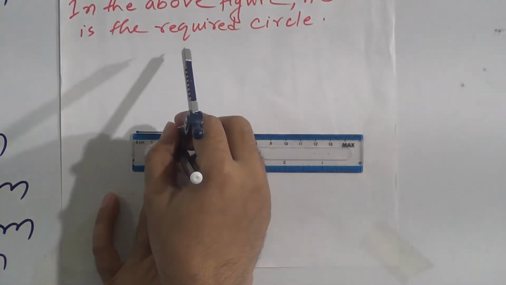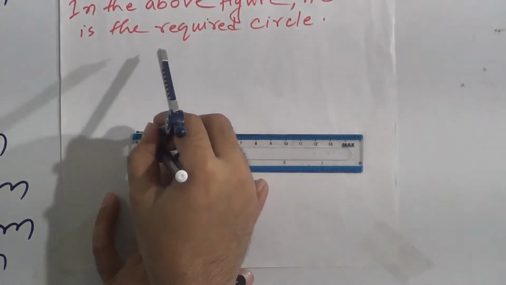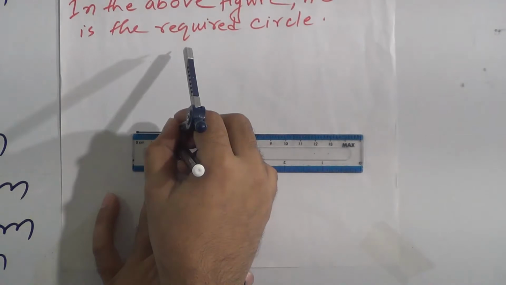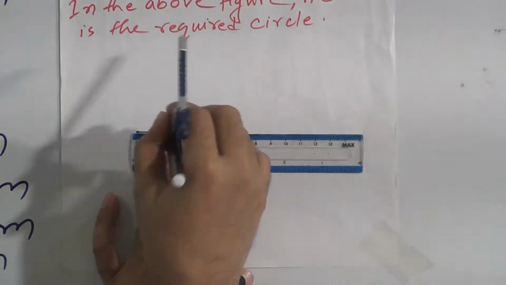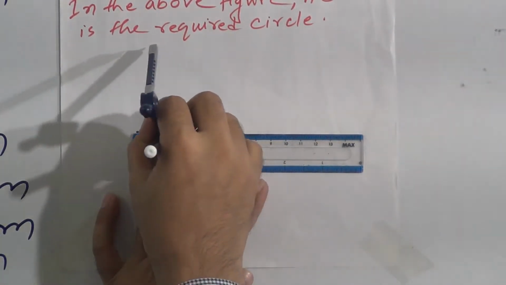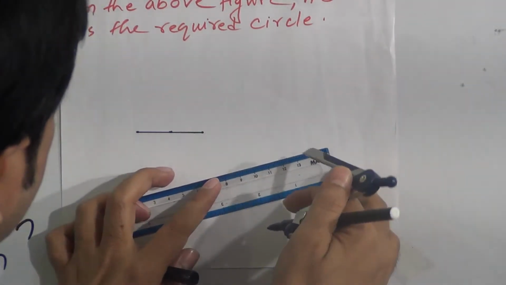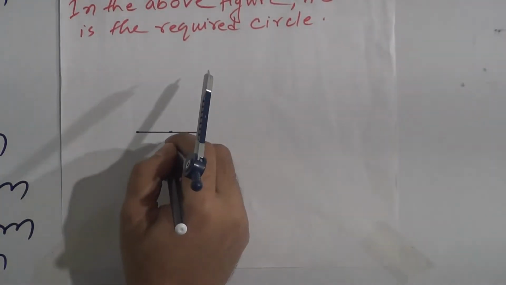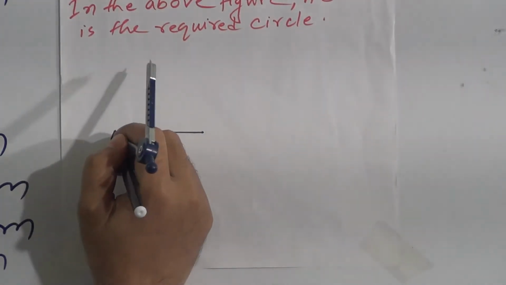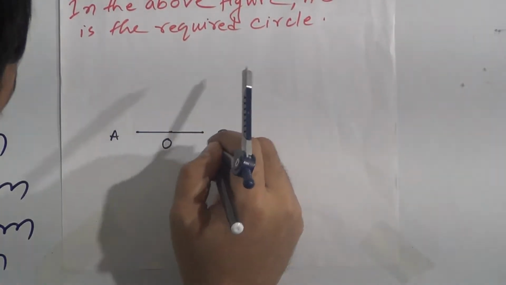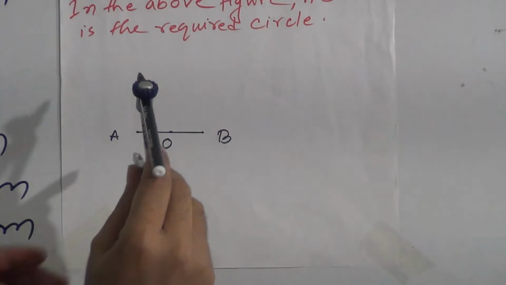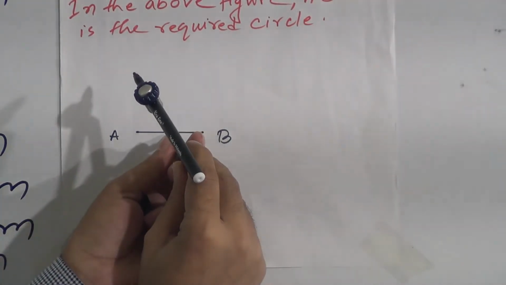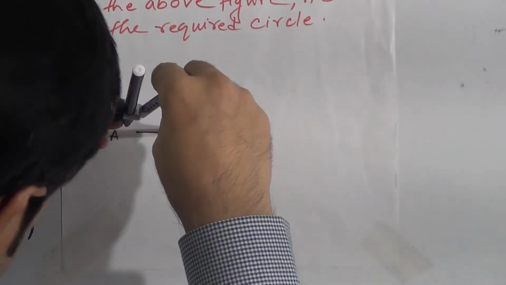And we have to take the middle point, that is 2.2. This should be the middle point. Okay, dear students, now we can draw the circle easily. Suppose O is the middle point, A is another point, B is another point here. Now consider O as the middle point, then take the radius.